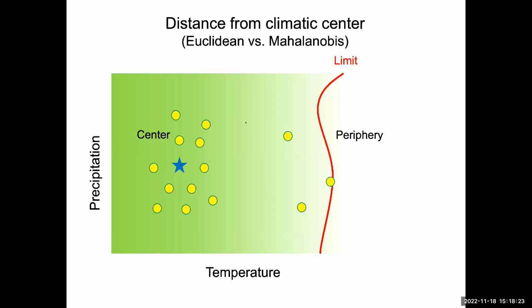This blue star represents the center of the climatic niche, and the Euclidean distance here will be just the distance between each yellow dot and the blue star. Now, the difference between the Euclidean distance and the Mahalanobis distance is that the Mahalanobis distance takes into account the correlation between the variables, for example, precipitation and temperature. That's just the difference.